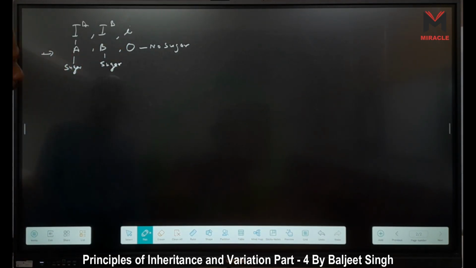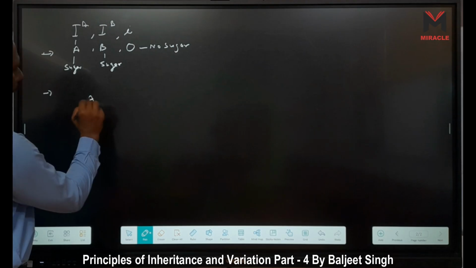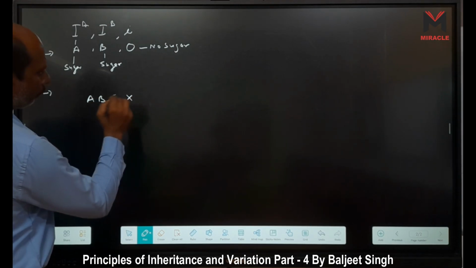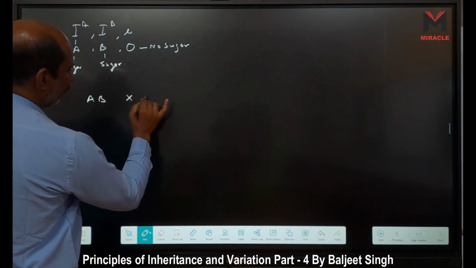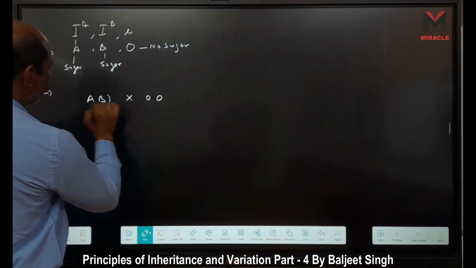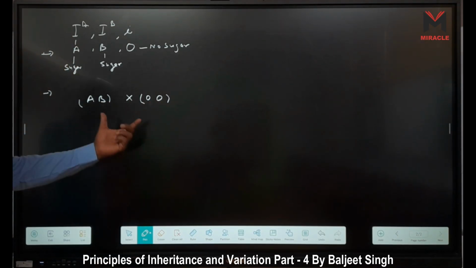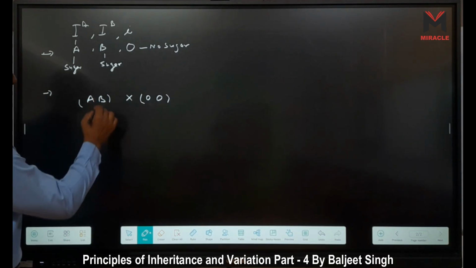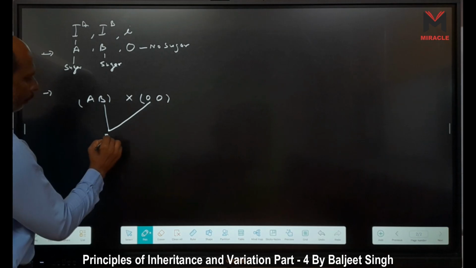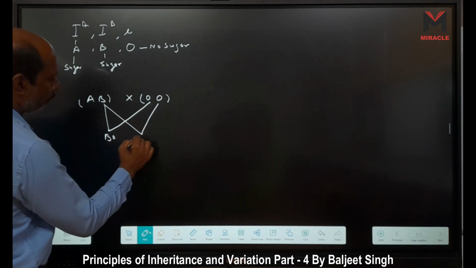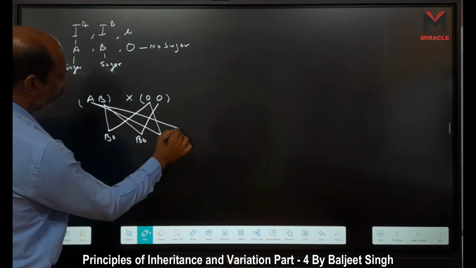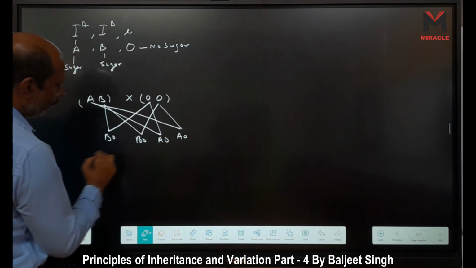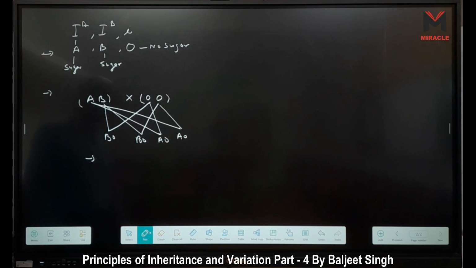Now suppose a question is given: a person with AB blood group is crossed with O blood group. O blood group means only i is there. Do you understand? This is the inheritance of blood grouping. The offspring are BO, AO and AO, and all of these are heterozygous.